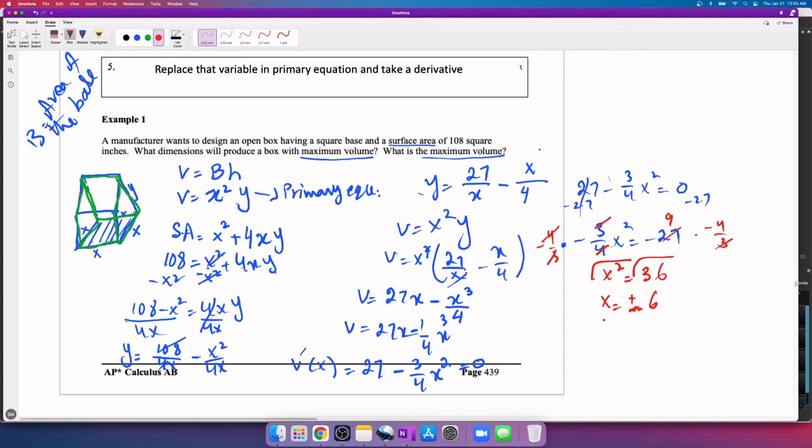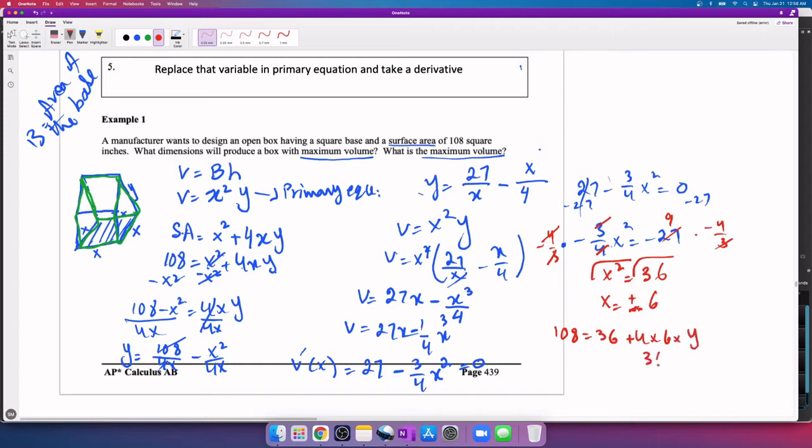How do I get the y value? You can plug in this x in the surface area equation and you will get the y value. So if I plug in this 6 in this surface area equation, it's going to give me 108. 6 times 6 is 36 plus 4 times 6 times y.